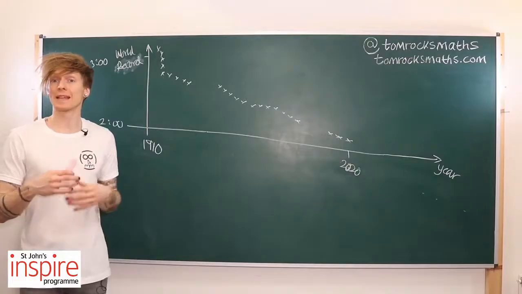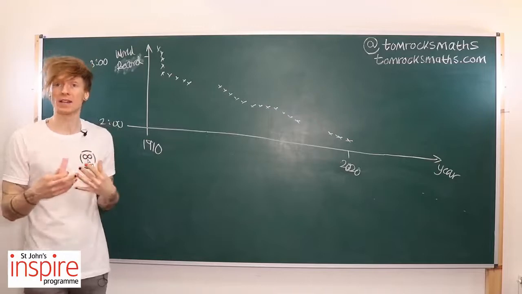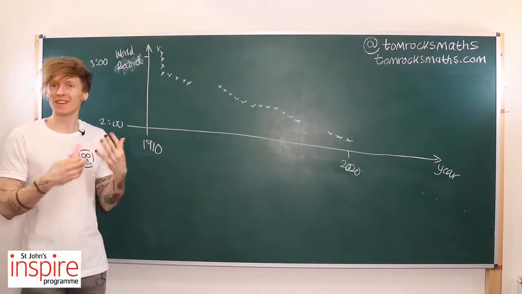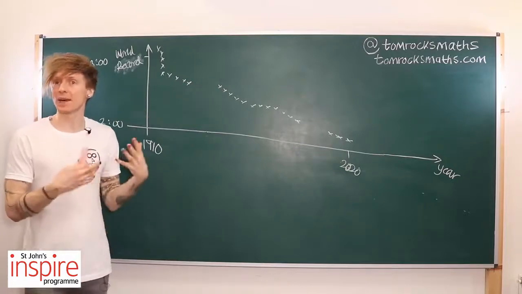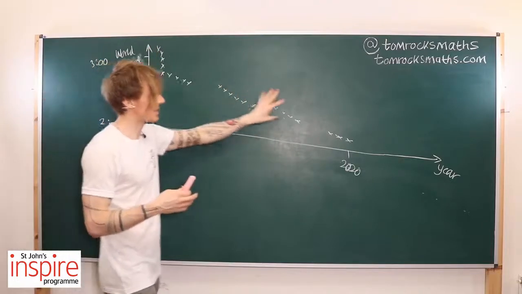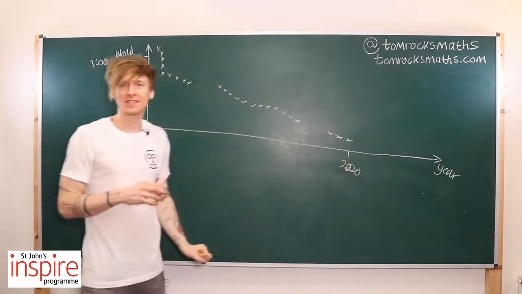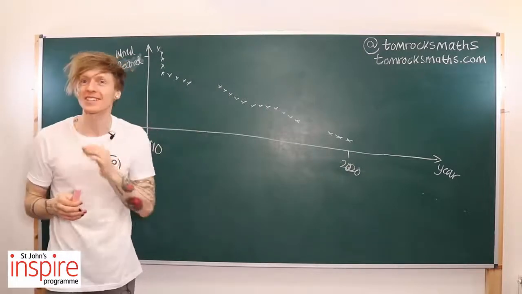So now we've looked at lines of best fit and looked at lots of different types of line of best fit that we could use for this data. What we want to do next is to try and see if we can use those lines of best fit to extend the data into the future. Now this is a very dangerous business, extending things into the future and making predictions.